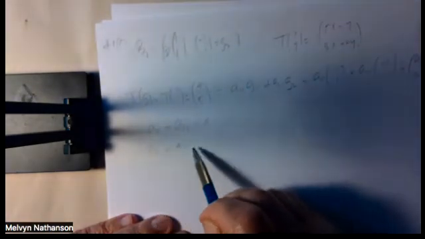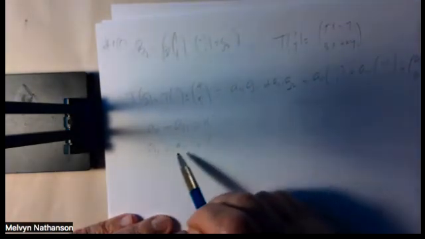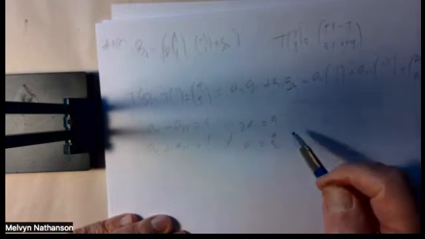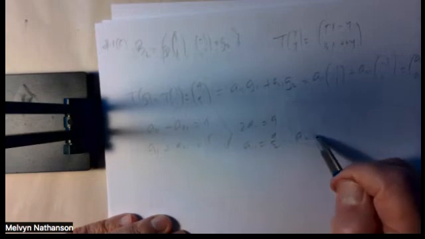A11 + A21 is 5. If I add these equations, I get 2A11 equals 9. So A11 is 9/2, which means A21 has to be 1/2, because 9/2 minus 1/2 is 4, and 9/2 plus 1/2 is 5.